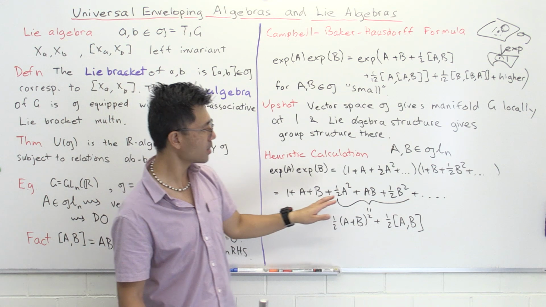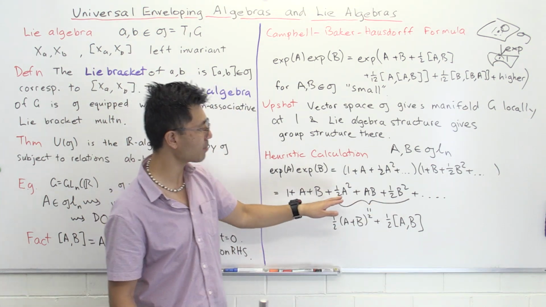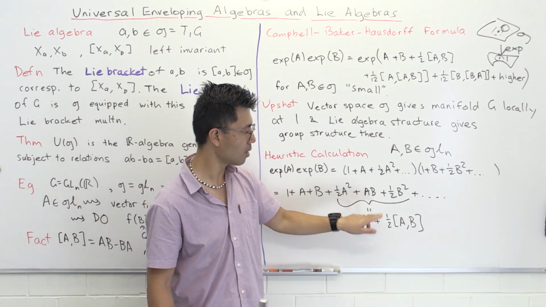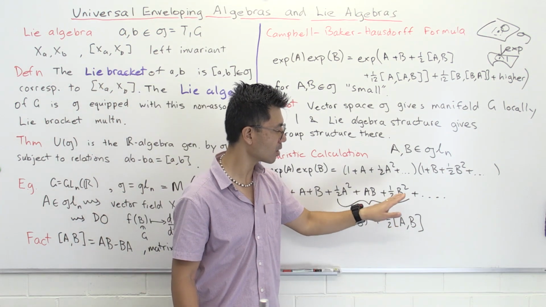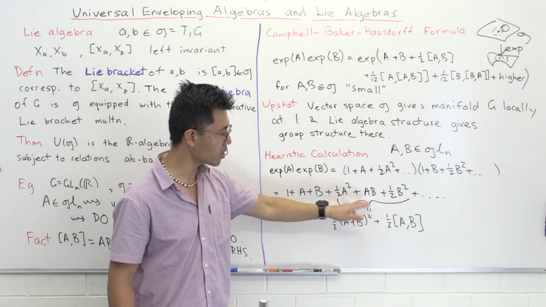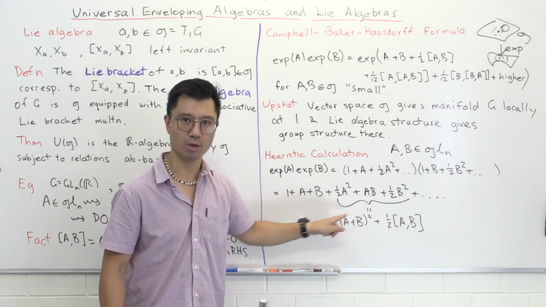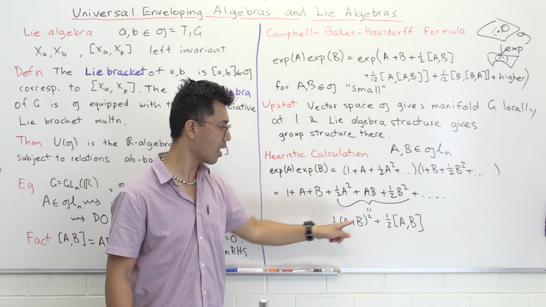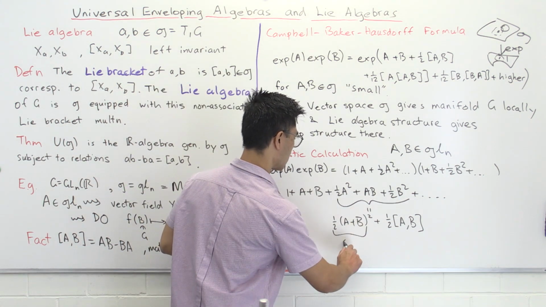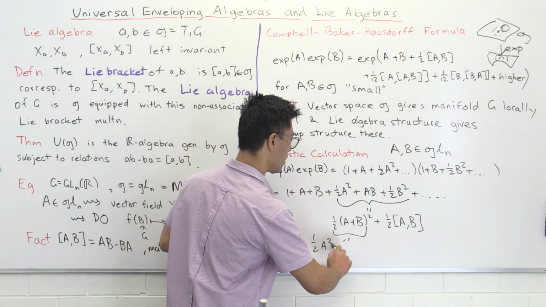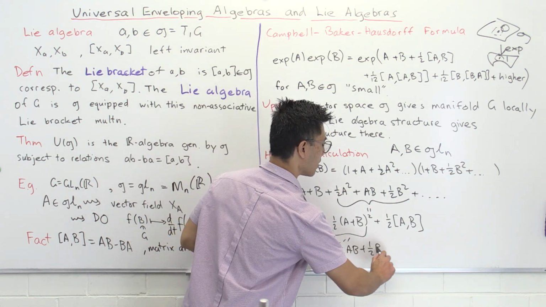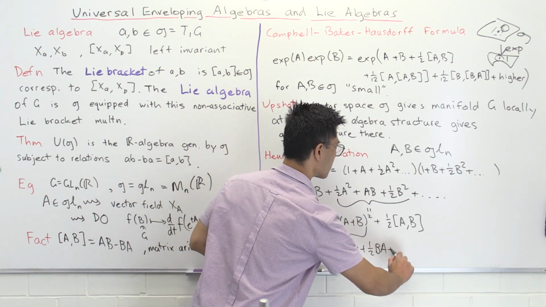But let's have a look here. So I claim that this quadratic part you can rewrite as half of (a plus b) squared plus half times the commutator of a and b. And why is that? When you expand this out, remember a and b don't commute. So when you expand this square out, what do you get? You get half a squared plus half ab plus half ba plus half b squared.